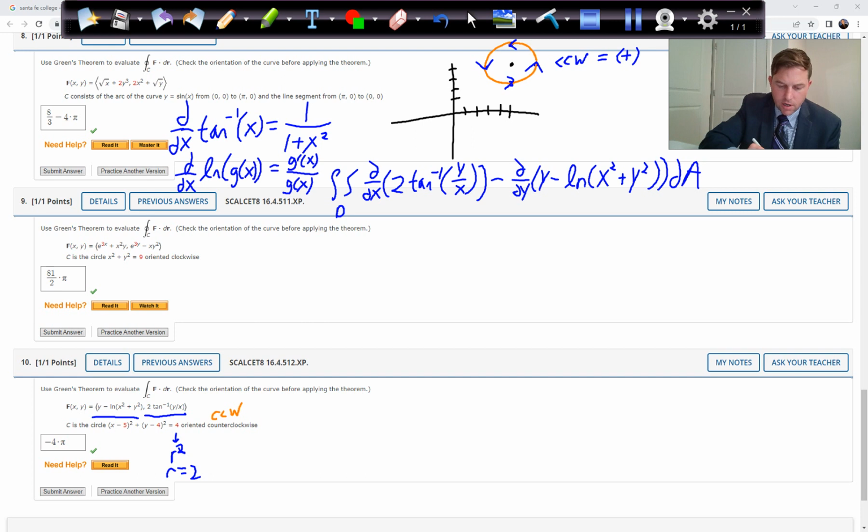So the partial derivative of 2 arctan with respect to x is going to be 1 over 1 plus that whole thing, y over x, squared, times the derivative of the inside part, which is y over x, which is the same as y times x to the minus 1.